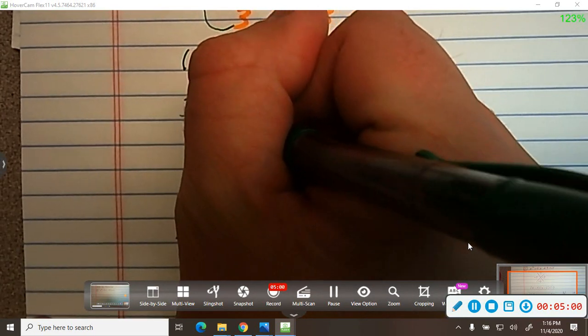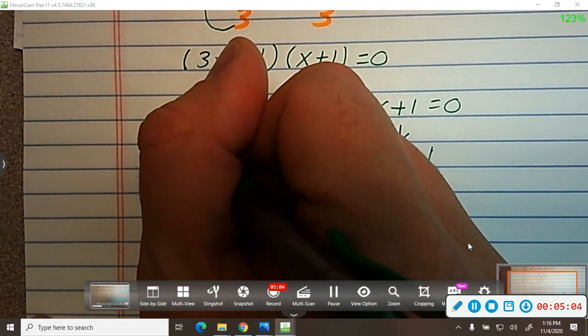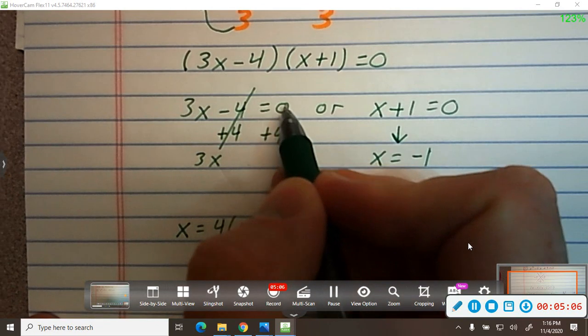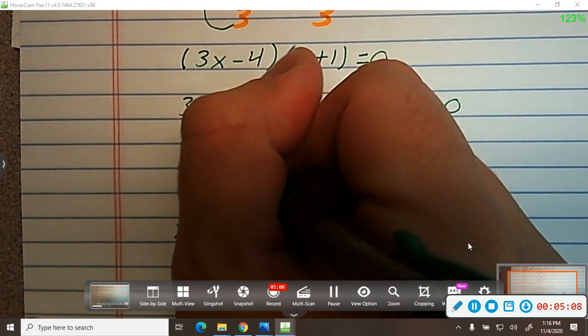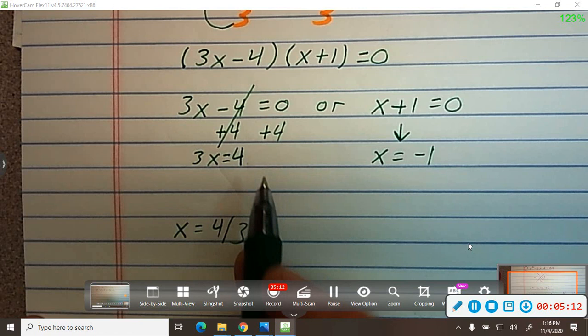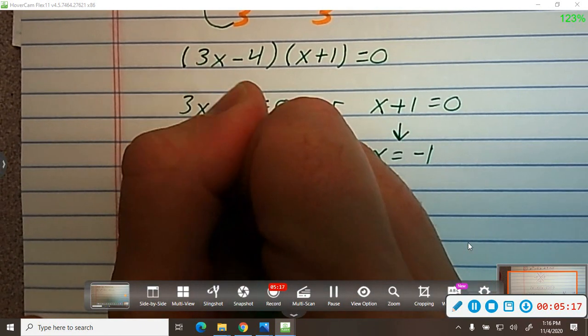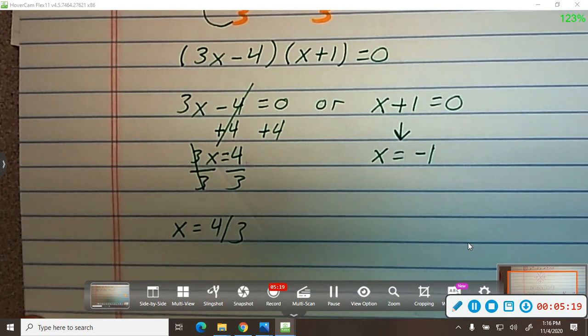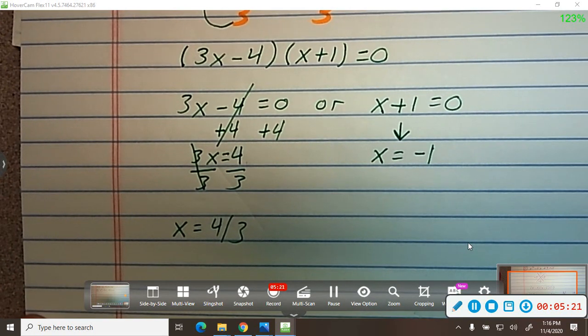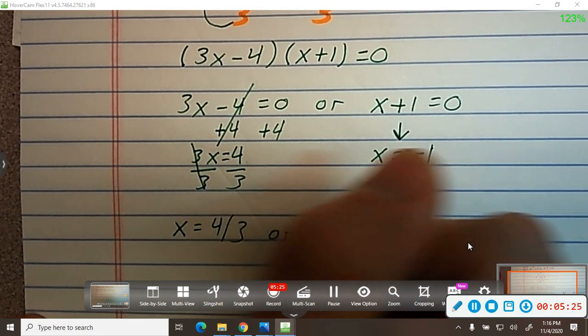To solve for x, it's a two-step equation. You add 4 to both sides. You get 3x. 0 plus 4 is 4. And then you divide both sides by 3. And that's how you get x is 4/3. Okay, so my two solutions are that one and this one.